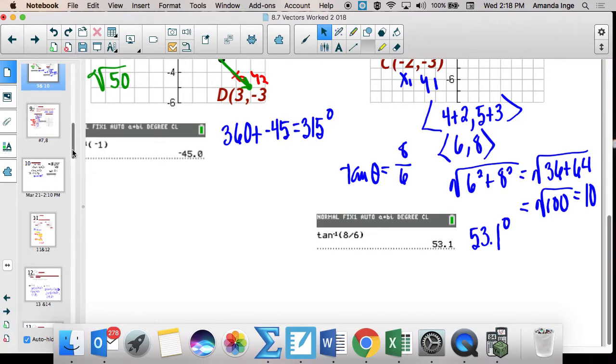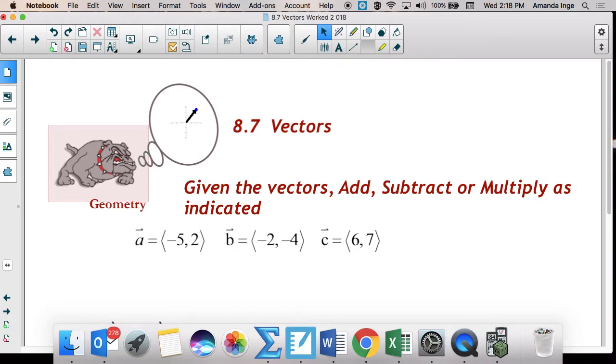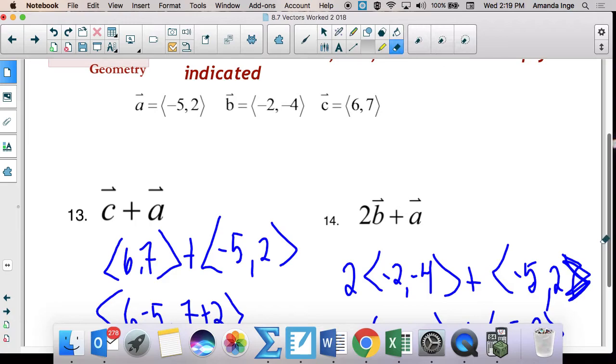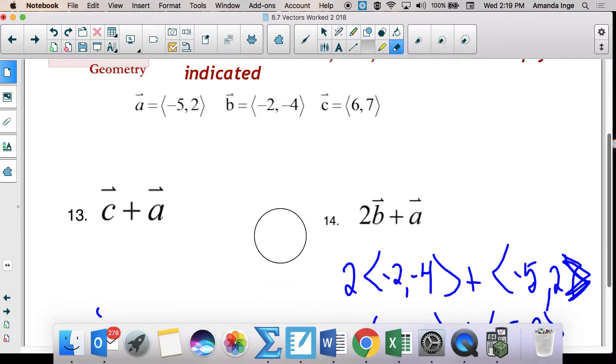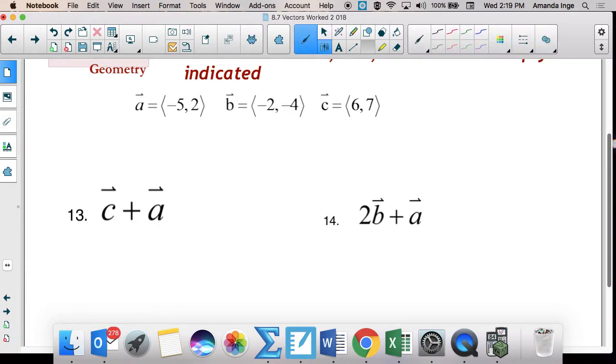So I'd like to jump down to numbers 13 and 14, and 16. Alright, so on these they're asking you to add vectors C and A. On the first one, C is 6 and 7, and A is -5 and 2.